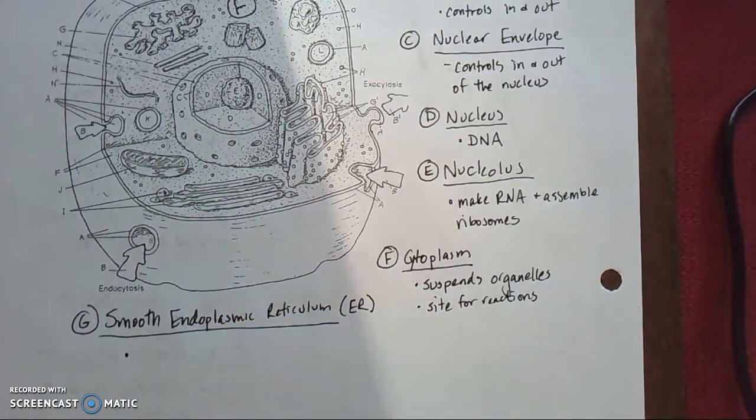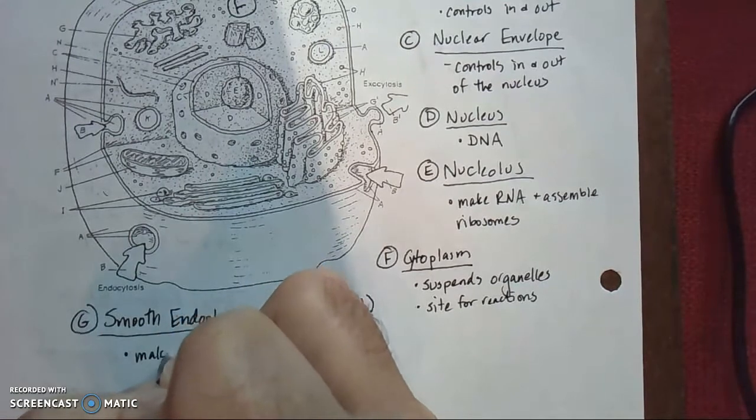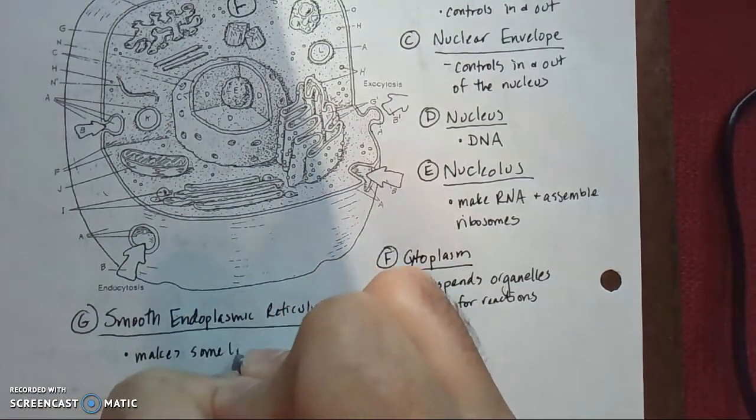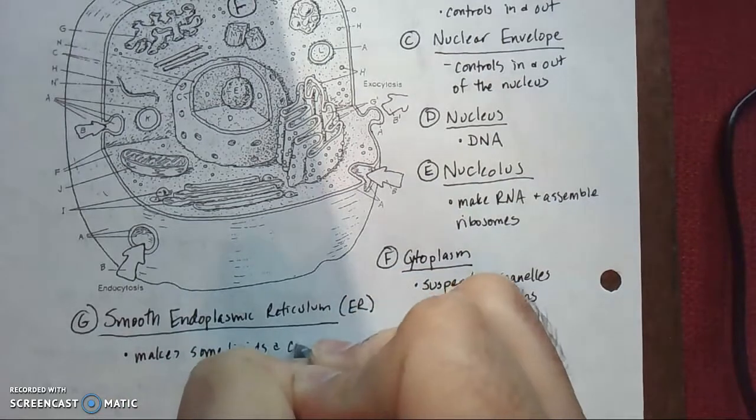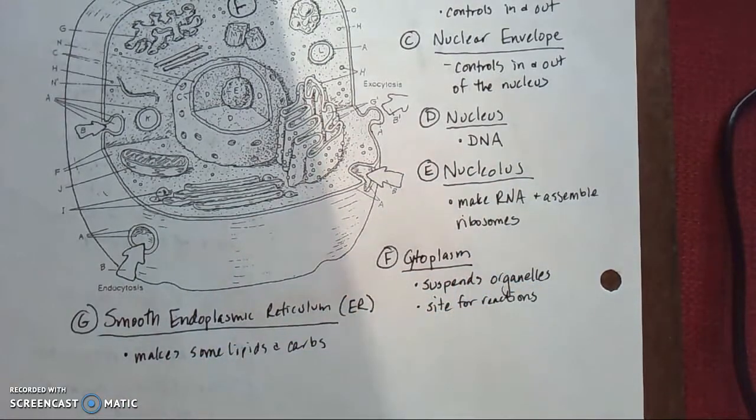This smooth ER makes some lipids and carbs. So it manufactures, it's like a little factory.